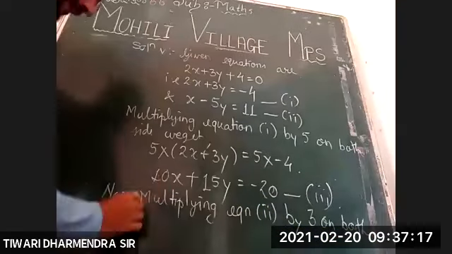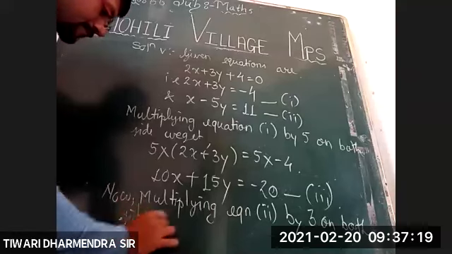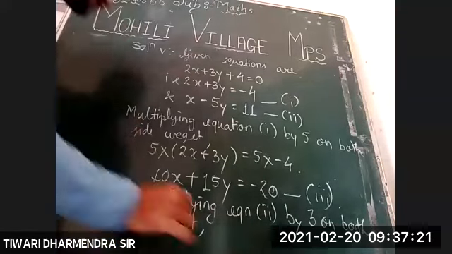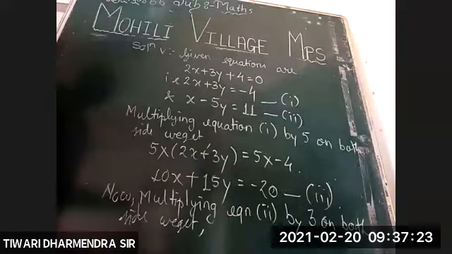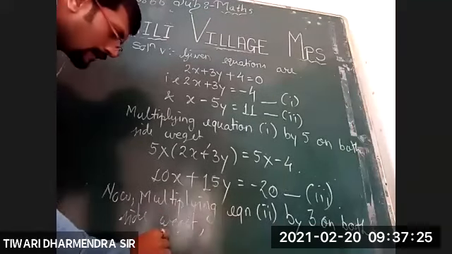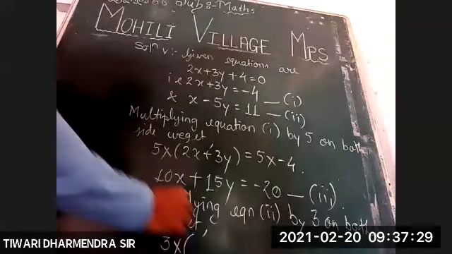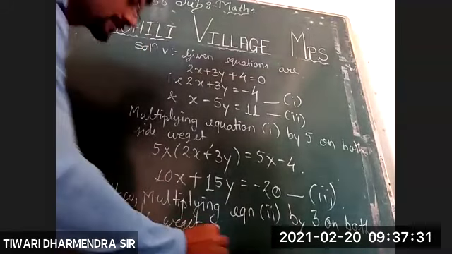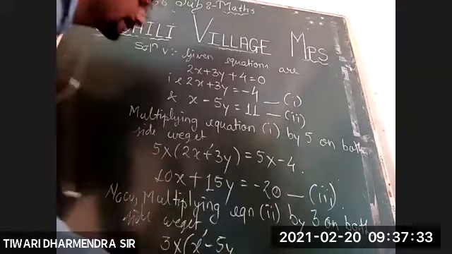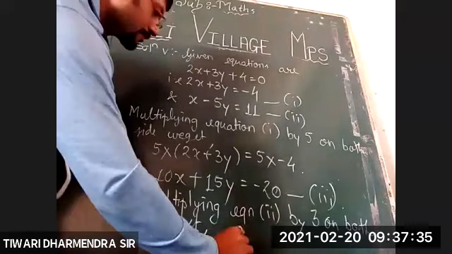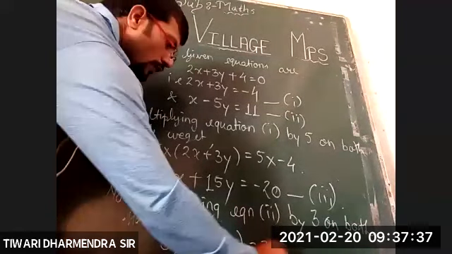On both sides, what do we get? 3 into (x minus 5y) is equal to 3 into 11.